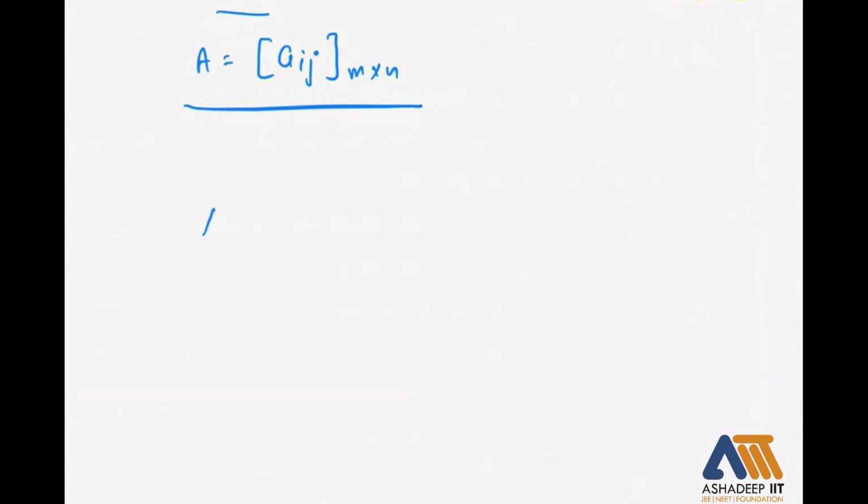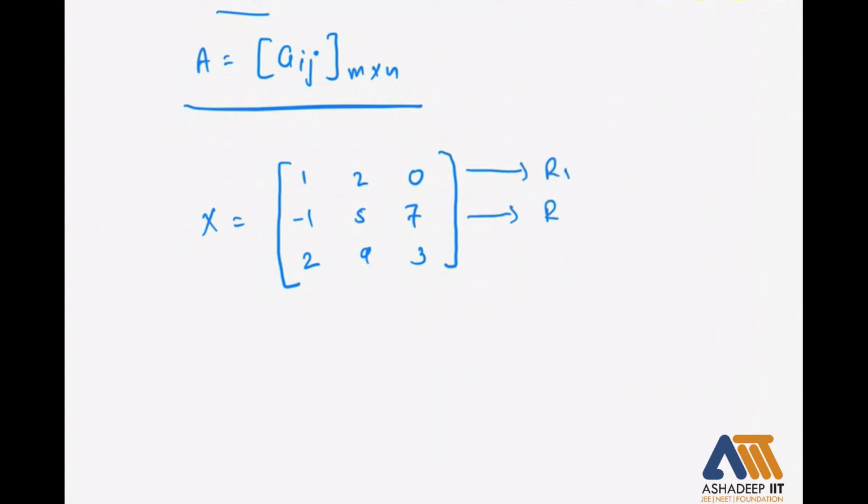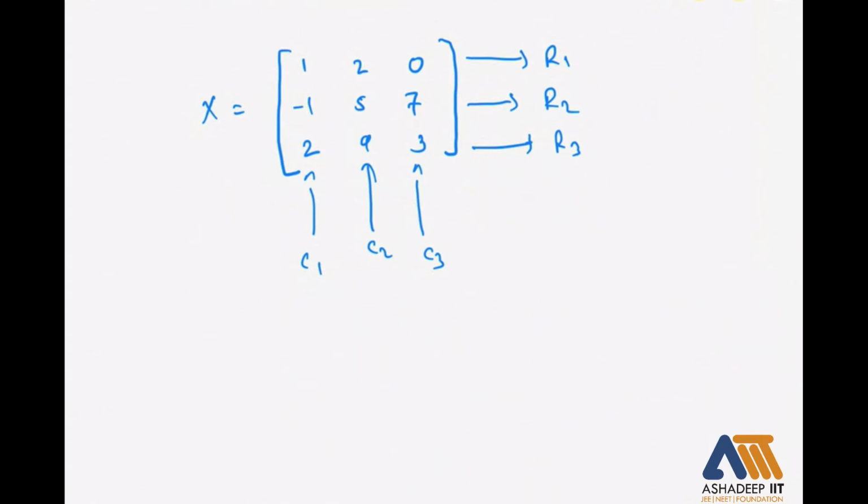Let me consider another matrix X. Elements 1, 2, 0, -1, 5, 7, 2, 9, 3. In this matrix there are 3 rows, R1, R2 and R3, and there are 3 columns C1, C2 and C3. Now from this matrix, if we need to write the elements, then first element A11 is the element in the first row and first column, that is here 1.